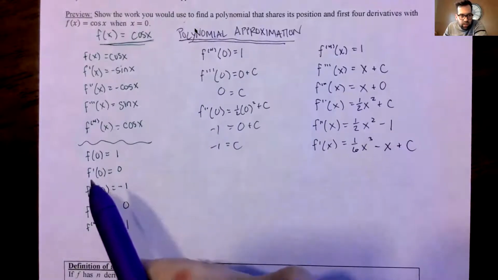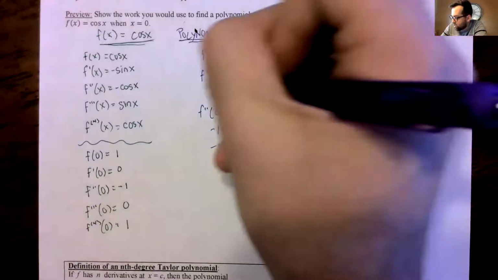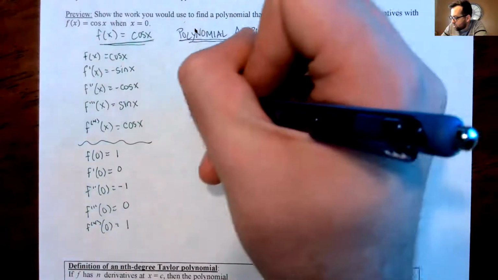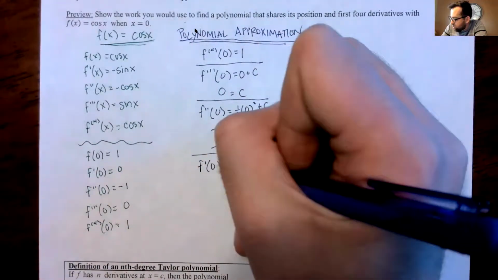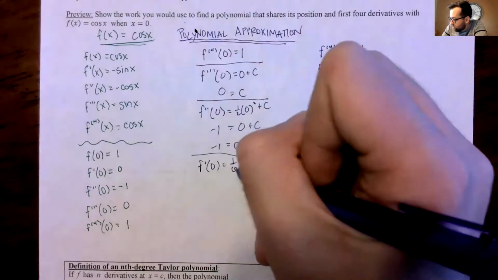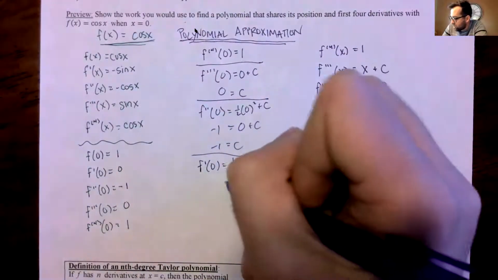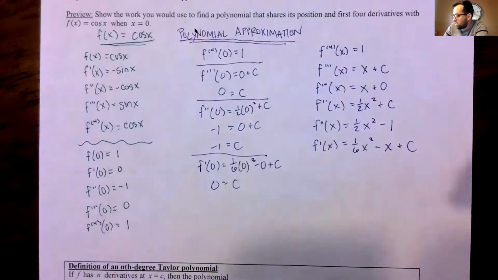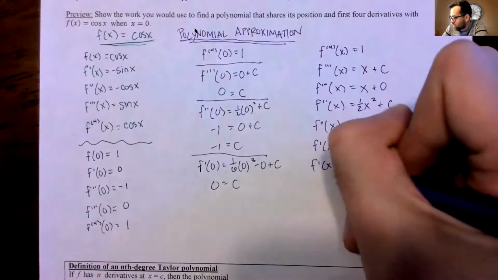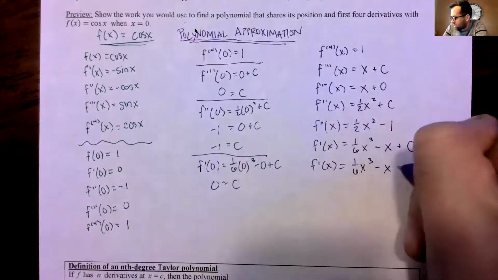If I look back over here, f prime of 0 is 0, so I'm going to plug that in on this side. So I have f prime of 0 has to equal 1/6 times 0 cubed minus 0 plus c. All that's going to cancel out and leave me with c, and f prime of 0 is 0. So I have, once again, c is 0. So I have f prime of x equals 1/6 x cubed minus x plus 0.